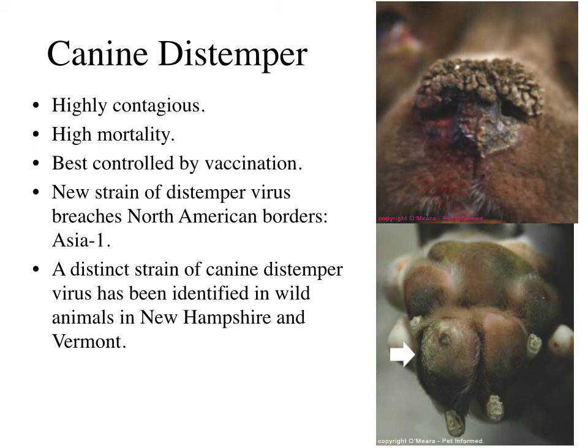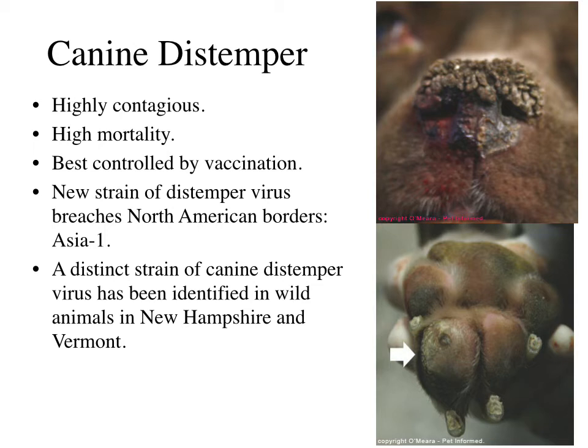Vets give the vaccine at 6 weeks of age and continue at 3 to 4 week intervals until the dog is about 16 weeks old. Antibodies in the mother's milk can interfere with the vaccine, so that's why we have to give it multiple times. We find that the antibodies in the mother's milk interfere about 75% of the time when the puppy is 6 weeks old.